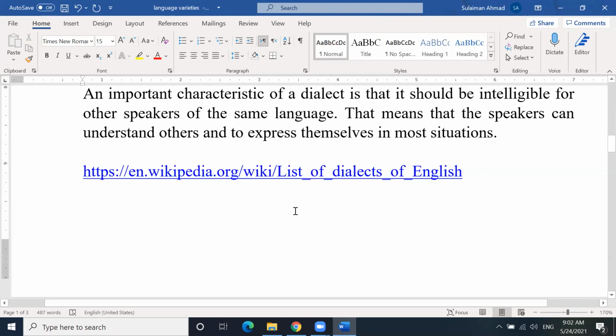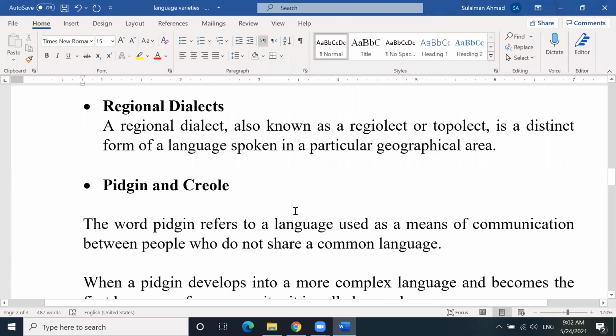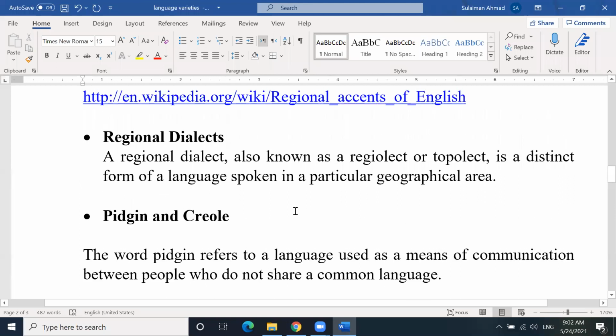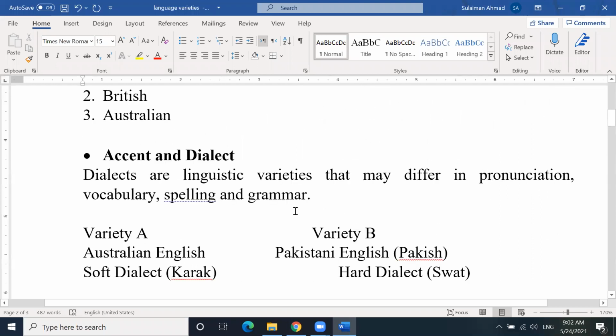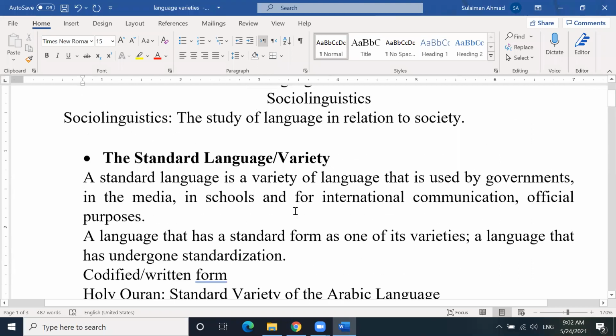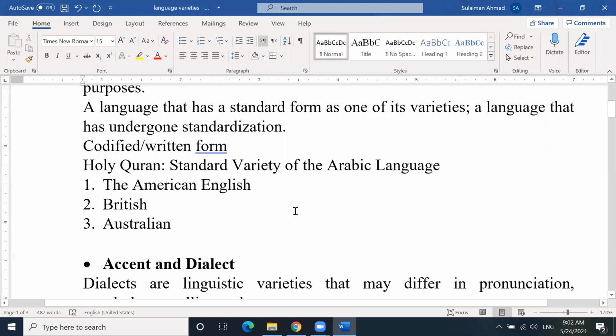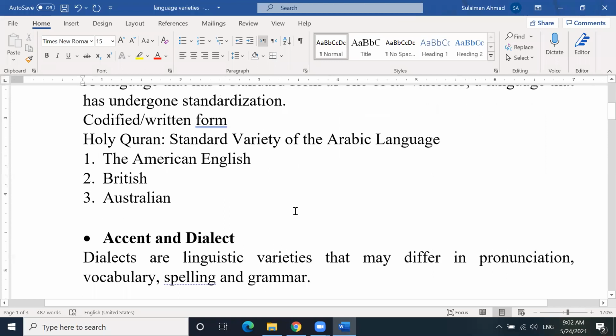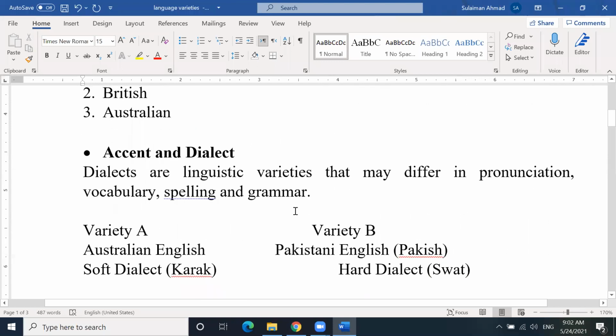You may use the term regional dialect or regional variety. Even Pidgin and Creoles are also varieties of language. Like a language has got multiple varieties. Variety simply means different types of something, right? So variety is a general term, right?